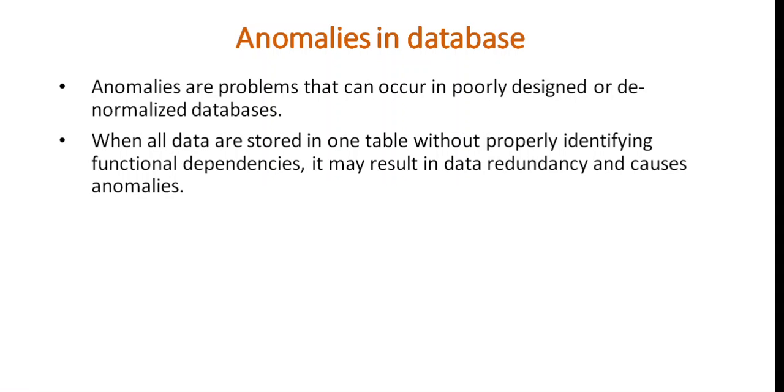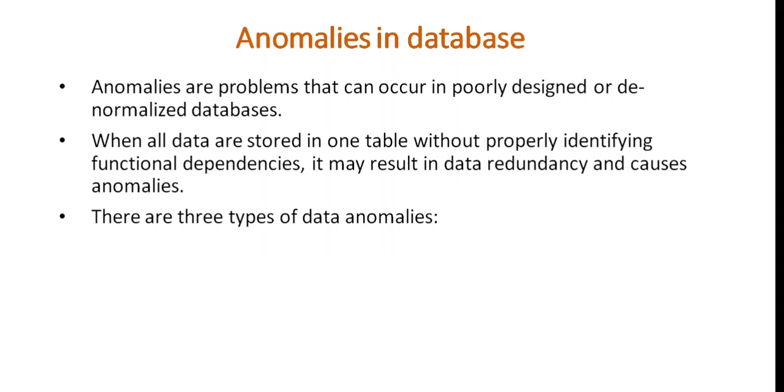When we store all data in one table, and when we store that data without identifying functional dependency or without identifying proper relationships, then there may be a problem of these anomalies. And when we store all data into a single table, then it also results in data redundancy.